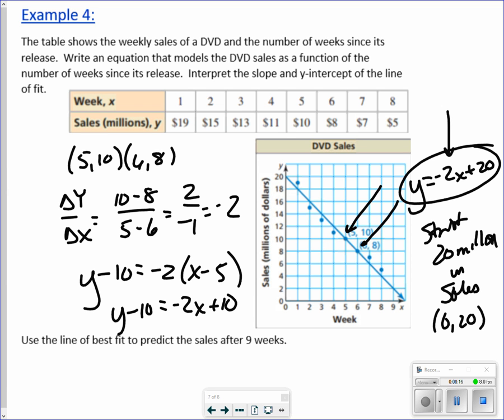Think about this. When something first comes out, everybody wants to go and buy it. And then the longer that it's out, the less people want it, or the less people that need it, because people already bought it. So if I got a slope of negative 2, in this case, we're going to lose $2 million each week. So there's going to be 2 million less each week.